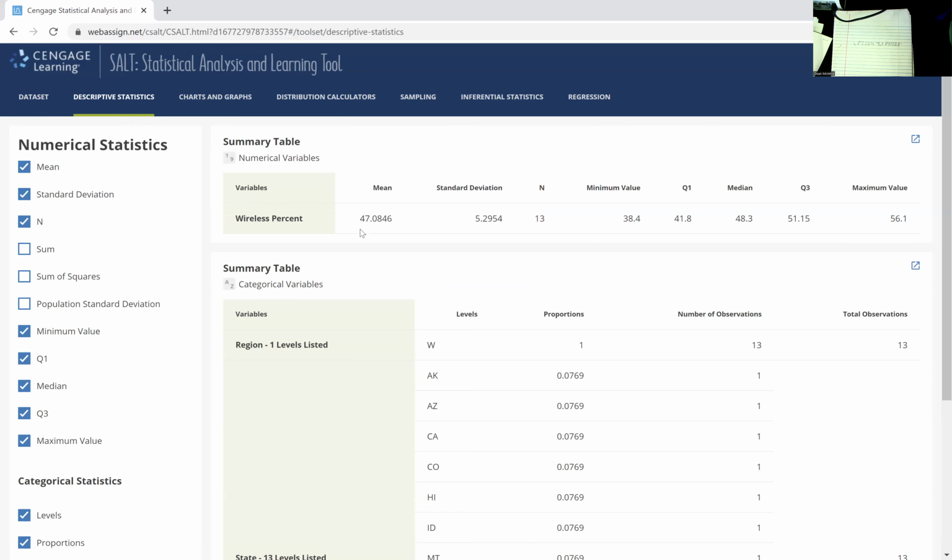I'm going to write this down for each one of these. Q1 for the Western states is 41.8, so copy that down.